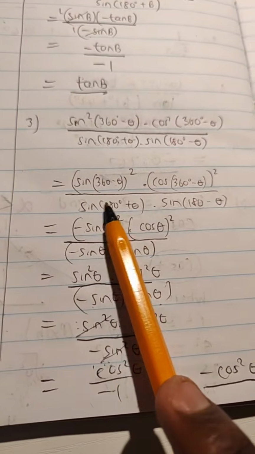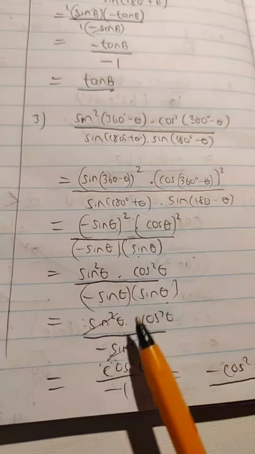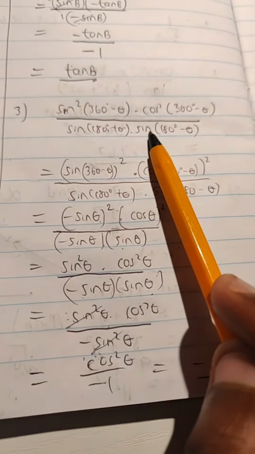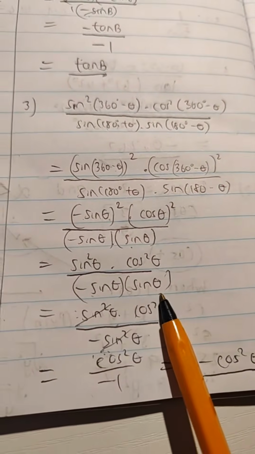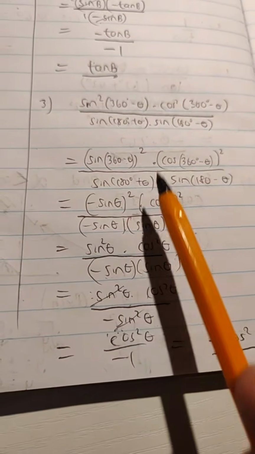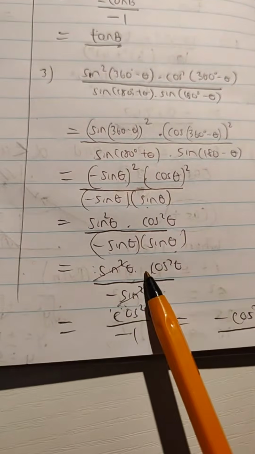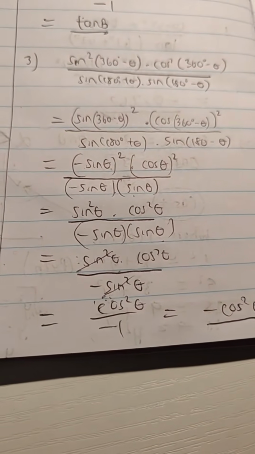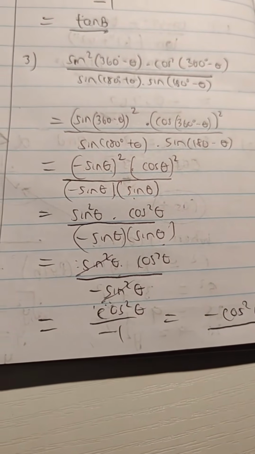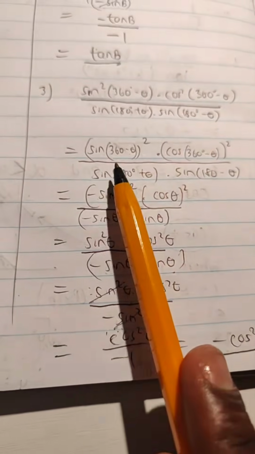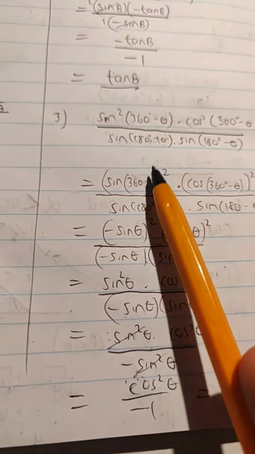And then of course you evaluate sine 180 plus theta, you get negative sine theta. You evaluate that, you get positive sine theta. And then it's like 1, 2, 3, 4, and that's basically how you get to that. So I was just trying to explain by doing the step by step.